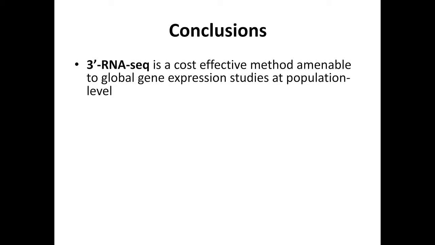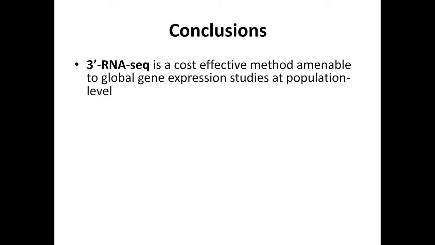So at the end, I would like to give a few conclusions. As you see, we haven't finished all the way, but I feel that we are confident to make some conclusions from this study. First of all, it's going to be a big cost saving. If the goal is just to quantify gene expression, we can make some cost saving here, because this method requires a very low amount of sequencing.